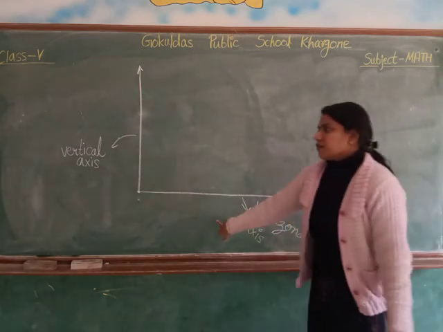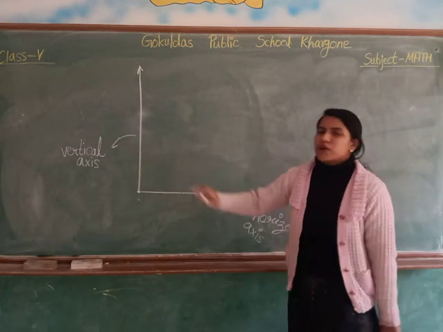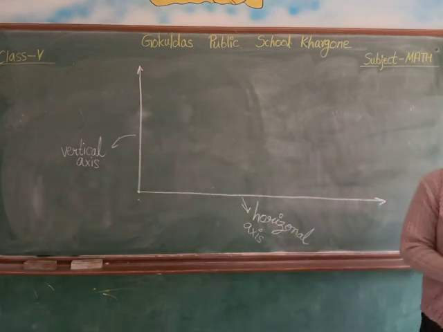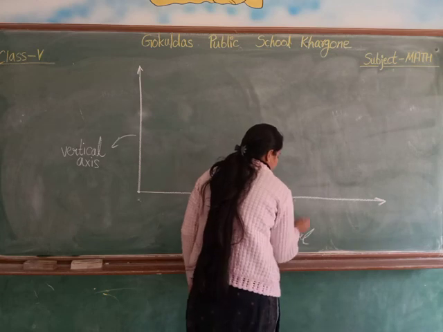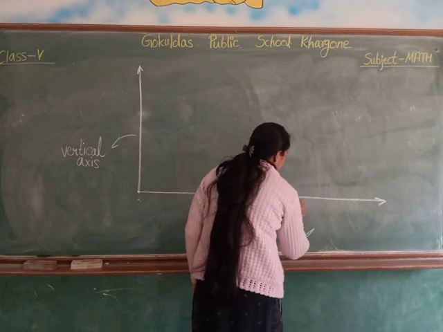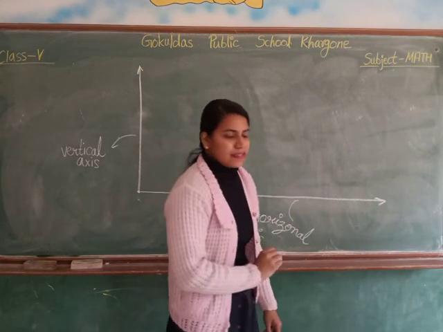Now what does the horizontal axis say and what does the vertical axis say? What data will we write? Here I am writing in the bracket what the horizontal axis says.